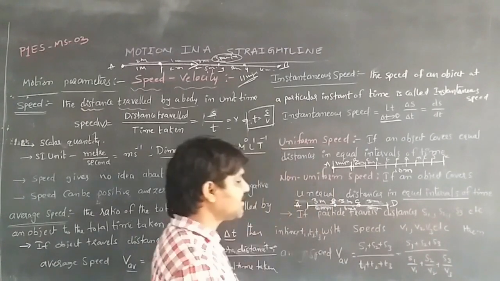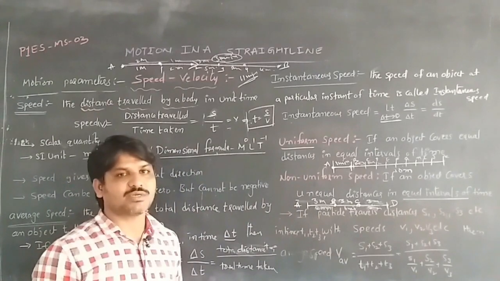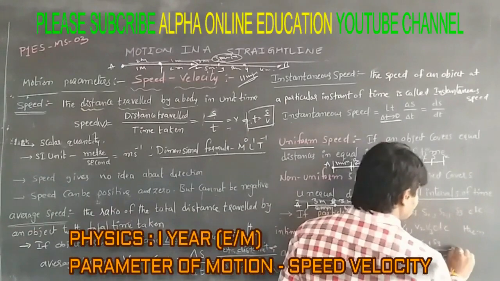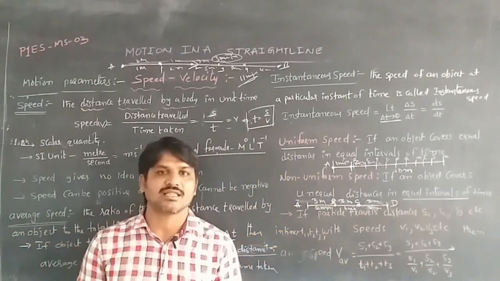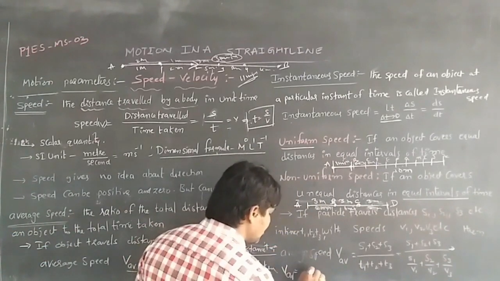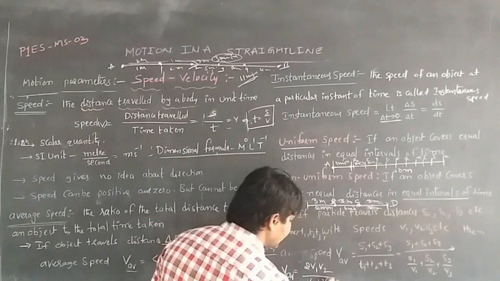From this formula, if the distances are equal, s1 is equal to s2 is equal to s, then we can write the equation. If the distances are equal, then v average is equal to 2v1 v2 by v1 plus v2.